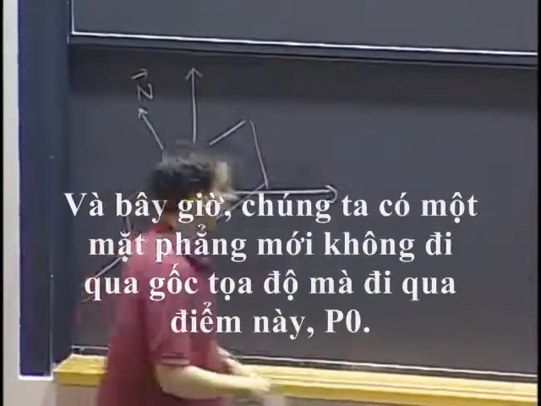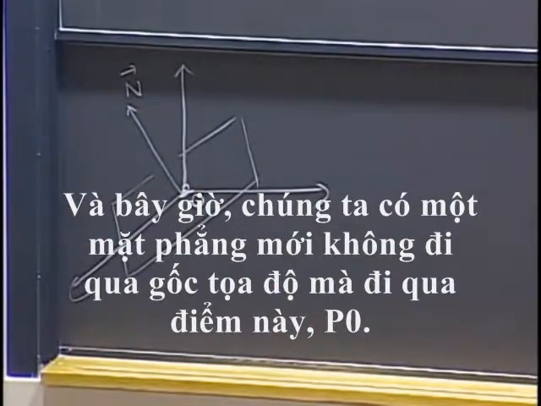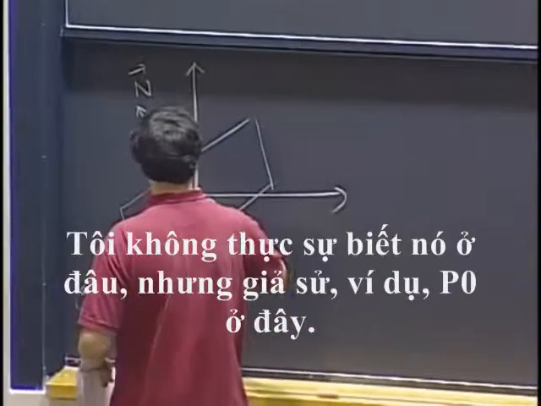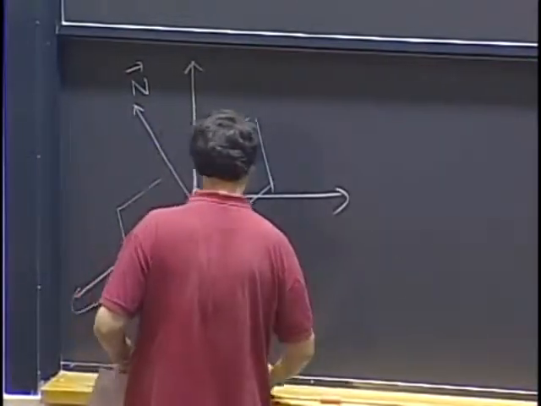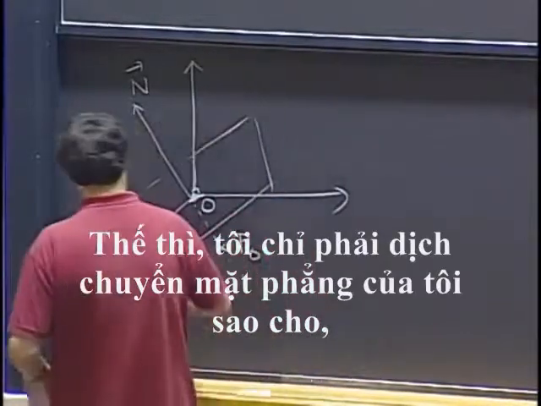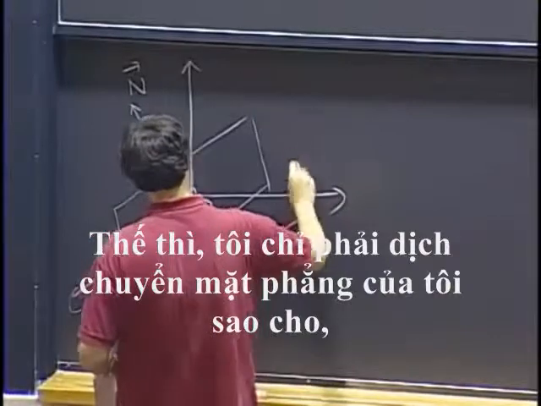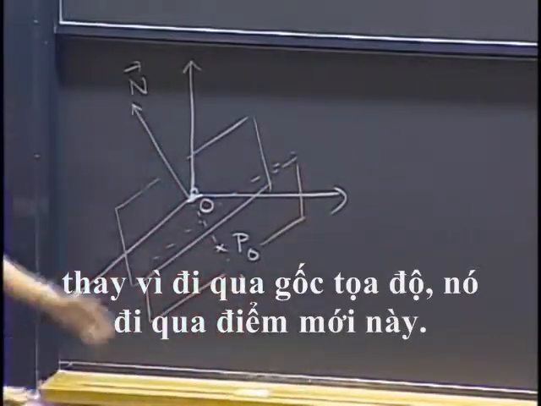And now we have a new plane that's going to pass, not through the origin, but through this point P0. I don't really know where it is, but let's say, for example, that P0 is here. Then I will just have to shift my plane so that instead of passing through the origin, it passes through this new point.